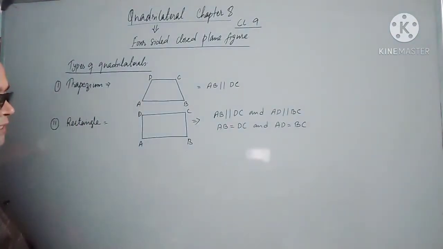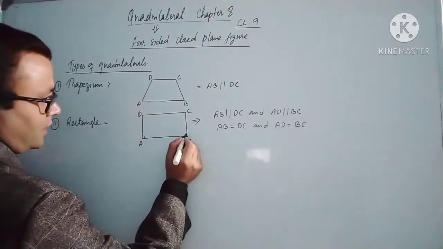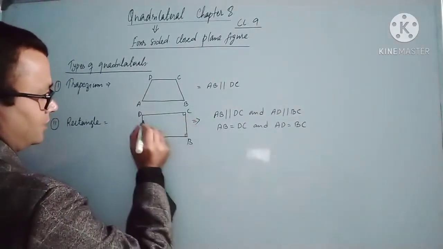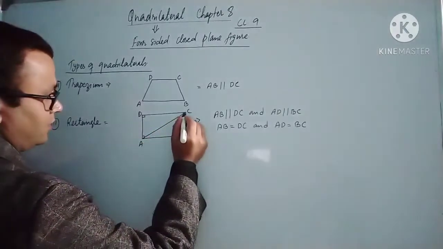So these are the properties of rectangle. One property is left. All the angles are 90 degrees in rectangle and the diagonals are equal.